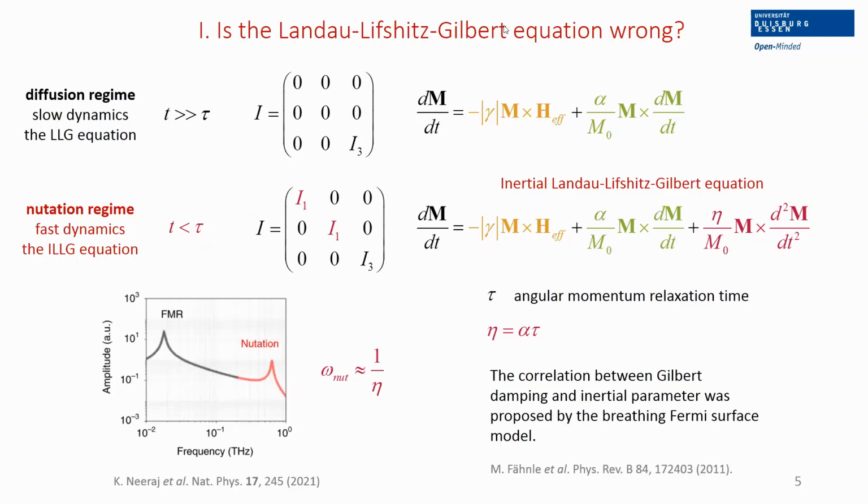So there will be this nutation, and that will continue forever. But once you introduce alpha, then you see that eta will depend on alpha, and how fast or how small you have the nutation will be decided by your alpha.